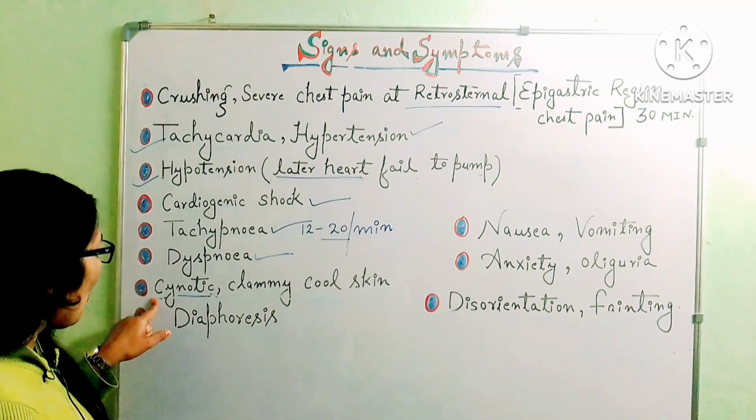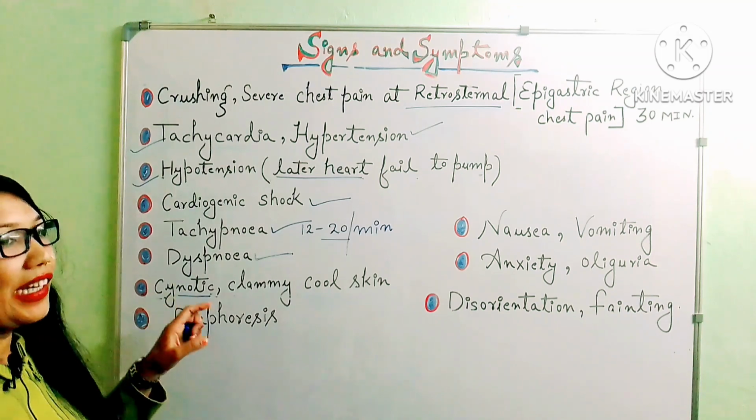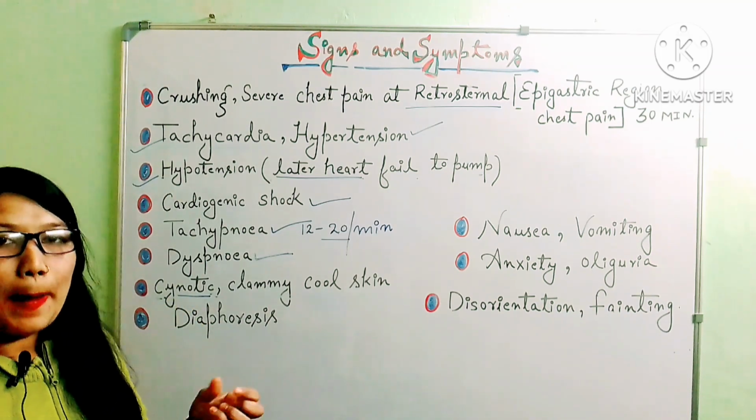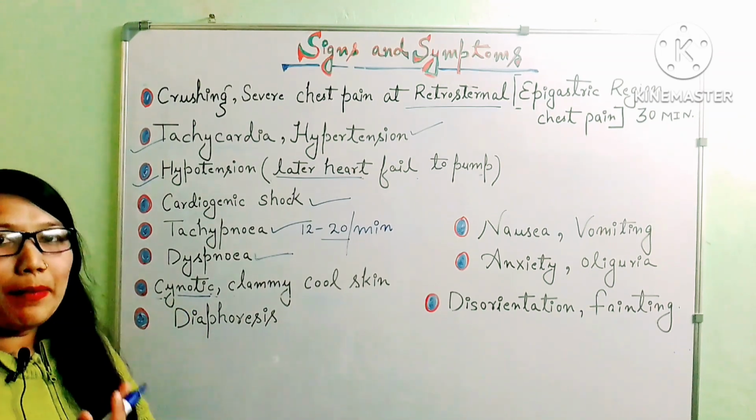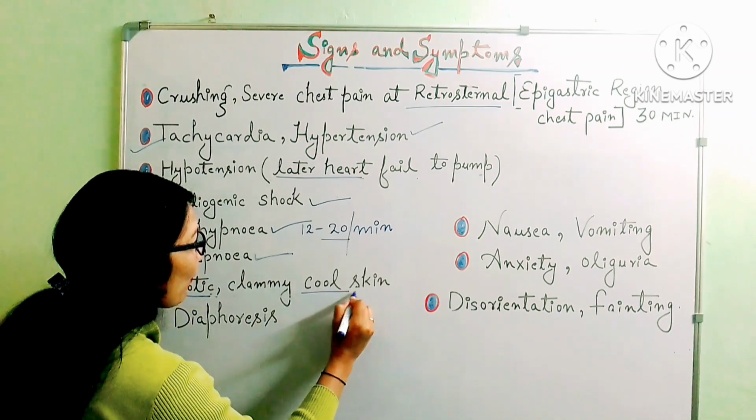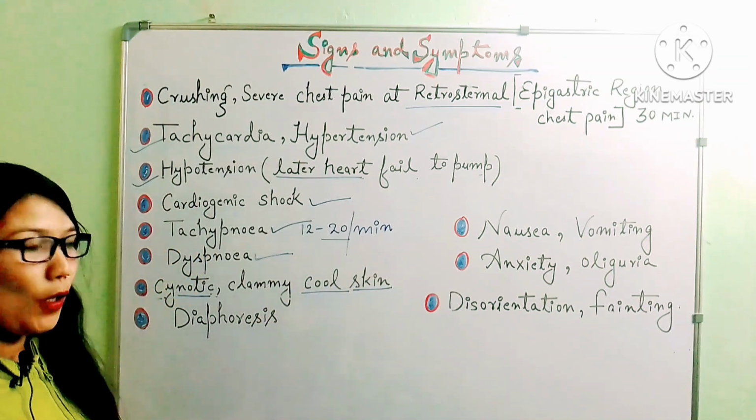So bluish discoloration is seen in the patient's fingers and skin, and after some time the skin will get cool.